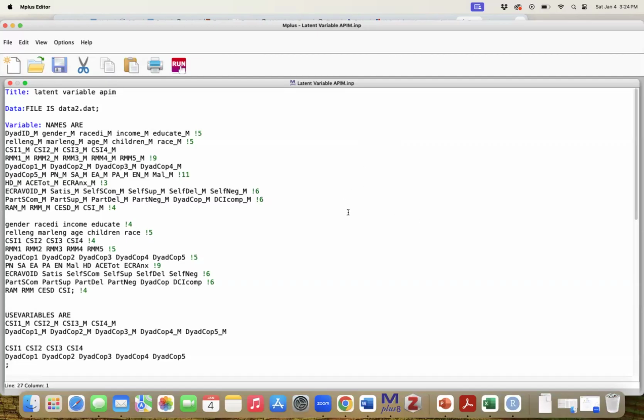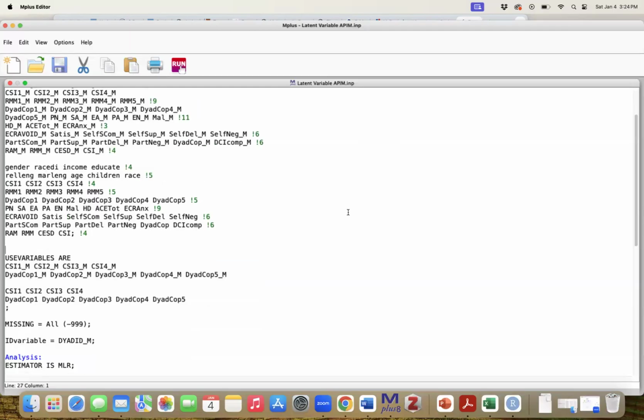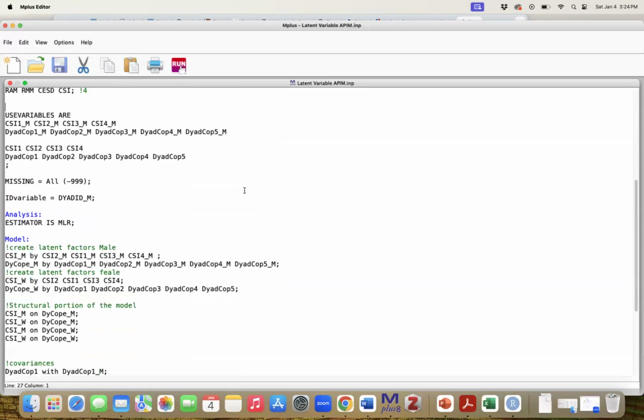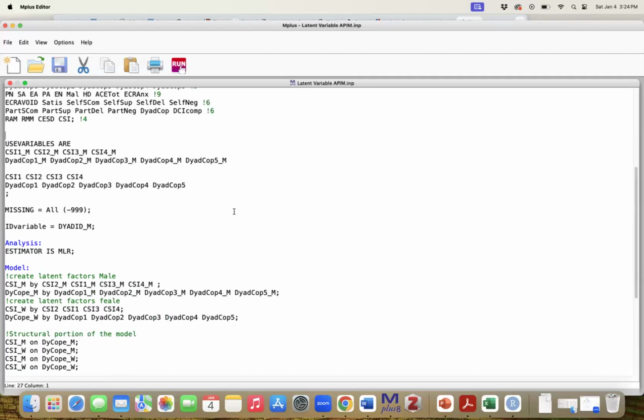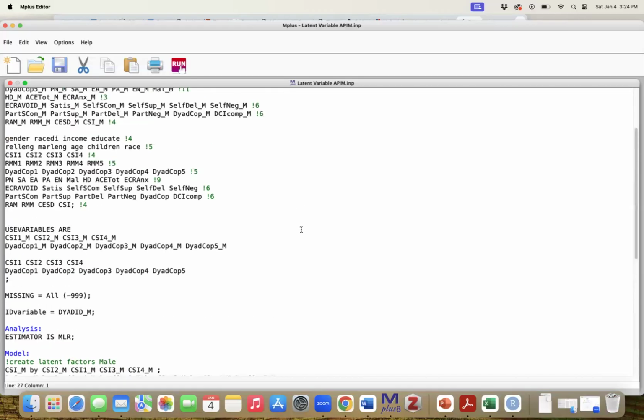All right, so we'll jump in, and we'll be using a data set that was collected with 305 heterosexual couples. We'll be using dyadic coping and relationship quality as our two variables within our actor-partner interdependence model with latent variables. So we'll start here at the USEVARIABLES line.